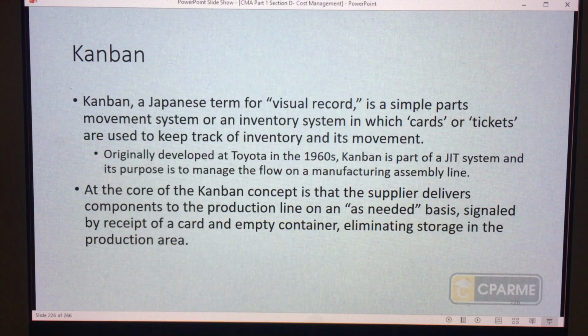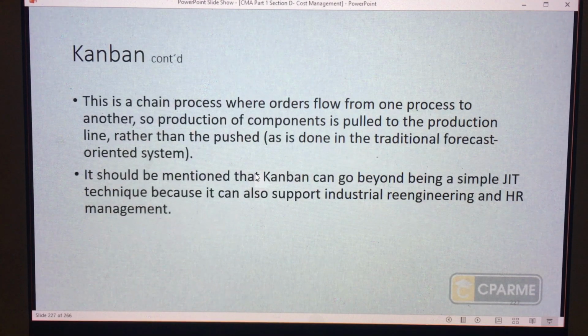So nangyayari, the Kanban or the ticket signals yung need mo for that item. Because it is on an as-needed basis, again, it eliminates the storage in the production area. And so, this chain process where your orders flow from one process to another is a pull system.